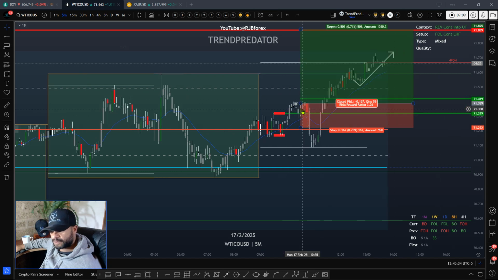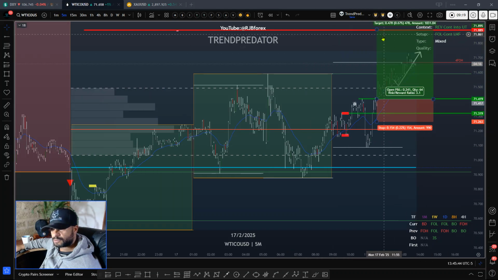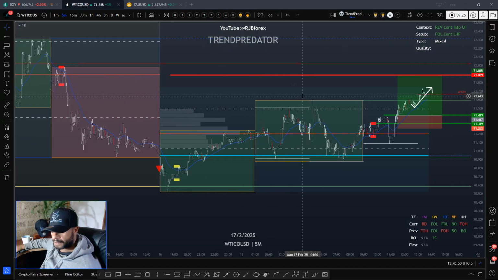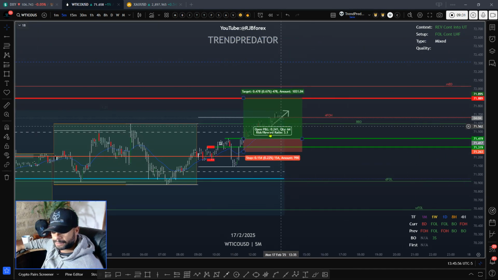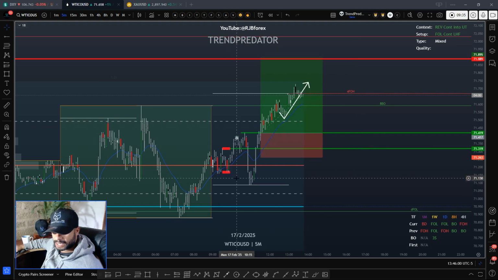We're looking for a break of the highs to instigate a move out of here. Stop further in for a 3-to-1, up in towards the value area, the point of control from Friday. Yeah, there we have it. So that's an explanation of the oil.